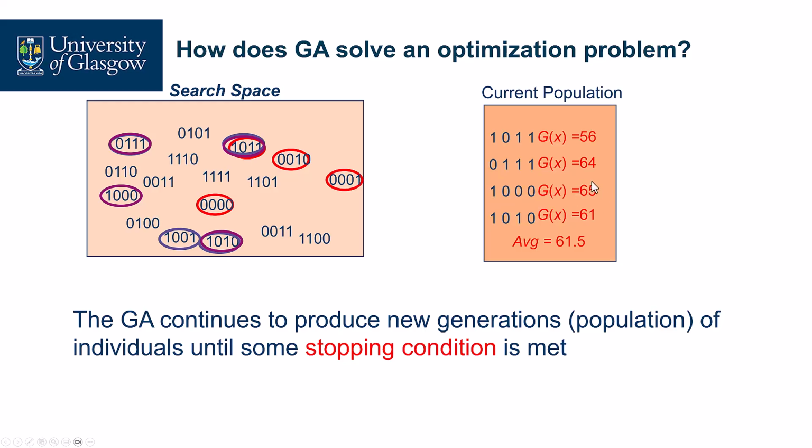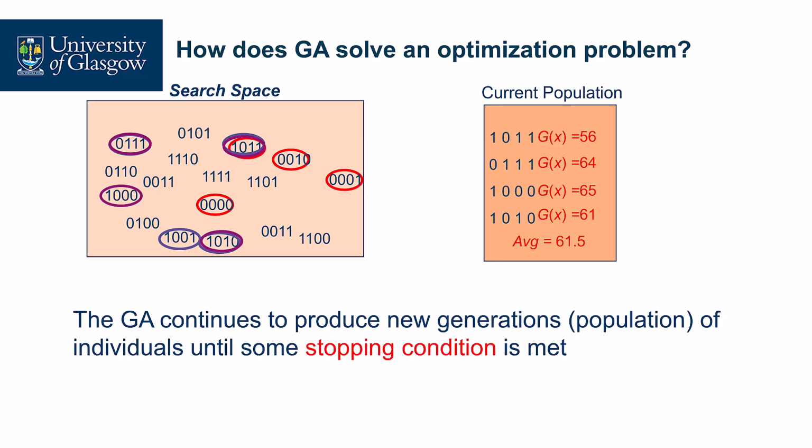So we already get the global optimum using 3 iterations of GA. Beforehand, GA doesn't know where the optimal solution is. So this is how GA works, right? So clever, right? GA can continue to produce new generations of populations until some stopping criterion is met, which we will talk about in later sessions.